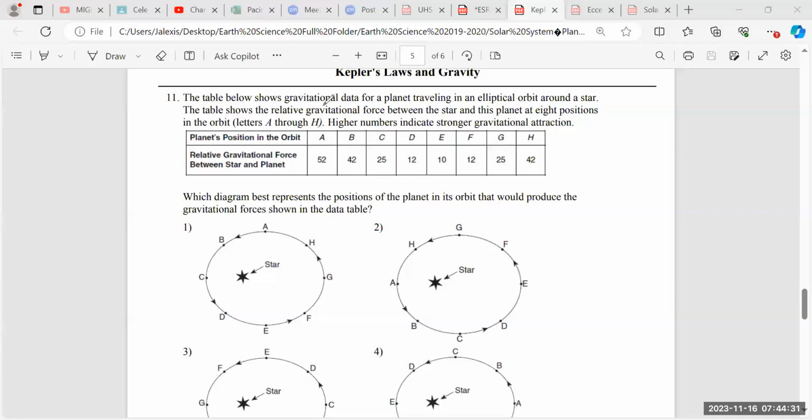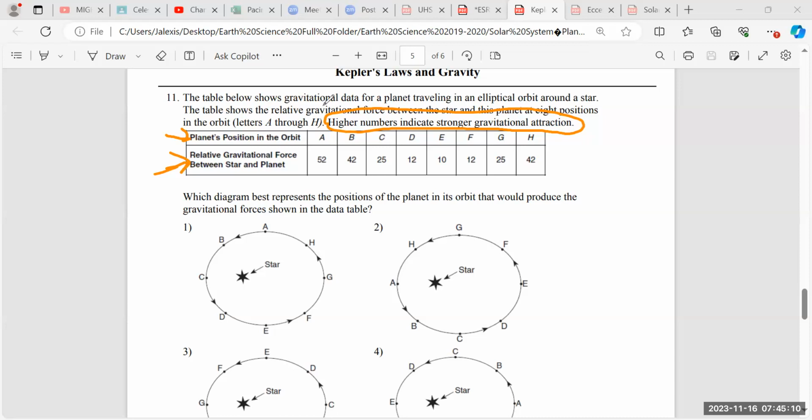All right, number 11, it says the table below shows the gravitational data for a planet traveling in an elliptical orbit around a star. The table shows the relative gravitational force between the star and this planet at 8 positions in this orbit, letters A through H. Higher numbers indicate stronger gravitational attraction. That is an important part you even want to highlight. They give us the letters of the planet's position, and they give us the force between the star and the planet.